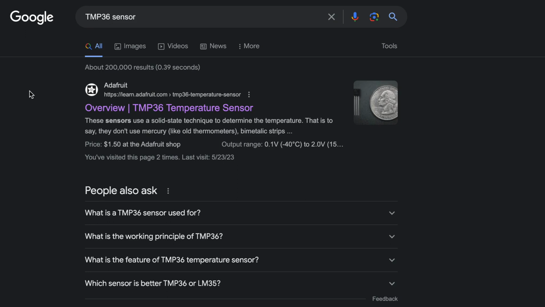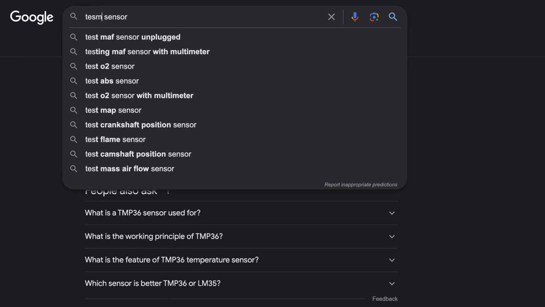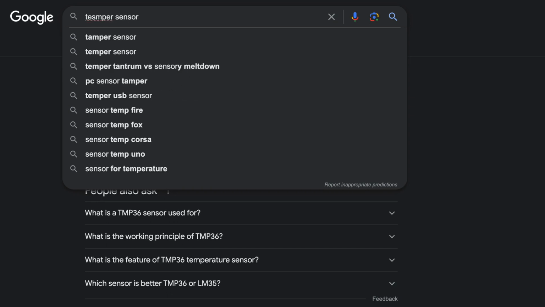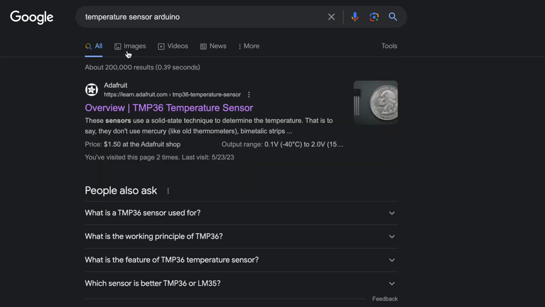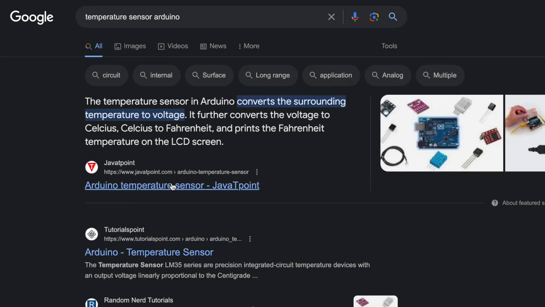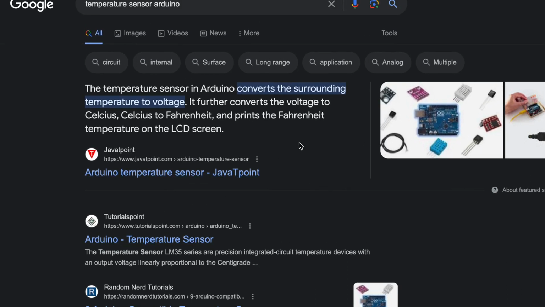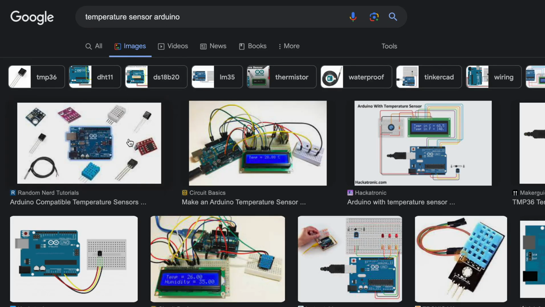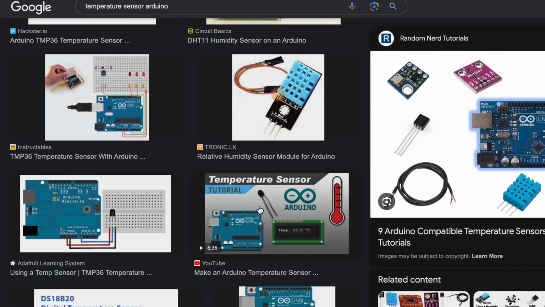So for example, let's look at temperature sensors, let's say those compatible with Arduino for now. When you have a list like that, you will see in this picture itself that there are different types of sensors available, and these are projects that are being carried out.